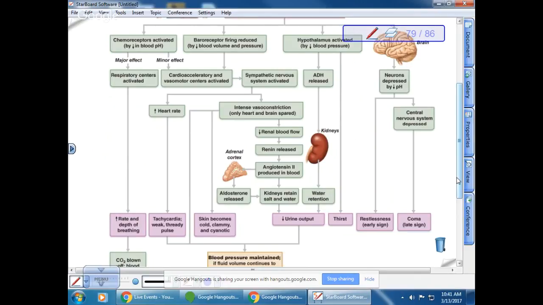You can have a depression when you lose blood in hypovolemic shock. You can go into a coma, or you can become really restless. I guess that's the early sign of it. Okay. Skin becomes cold because there's not blood being shunted to the skin to keep it warm, and cyanotic means that it becomes blue, right? So there's lots of deoxygenated blood being retained in the vessels.